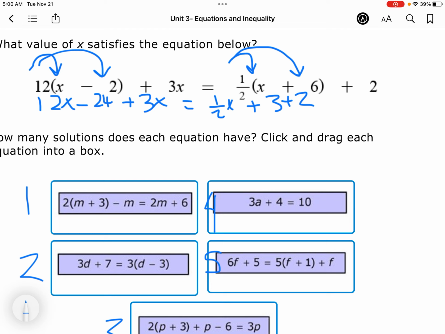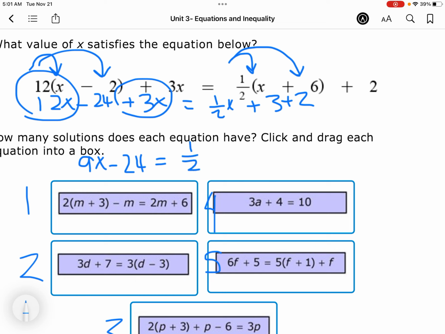I'm going to combine my like terms. So here I am at 9x minus 24.